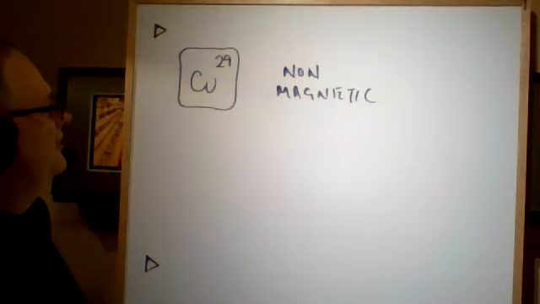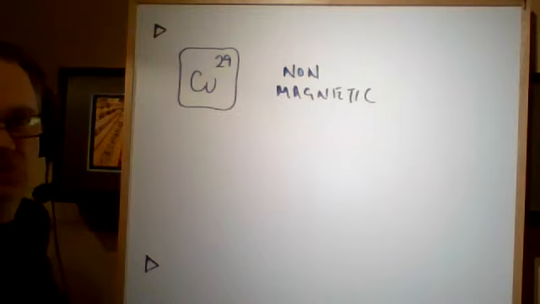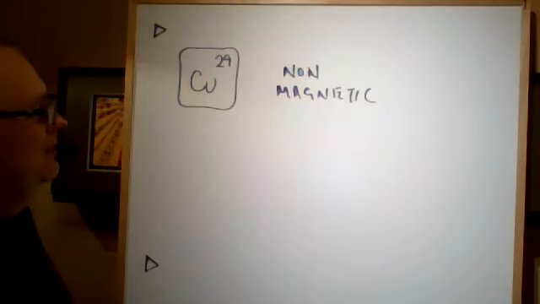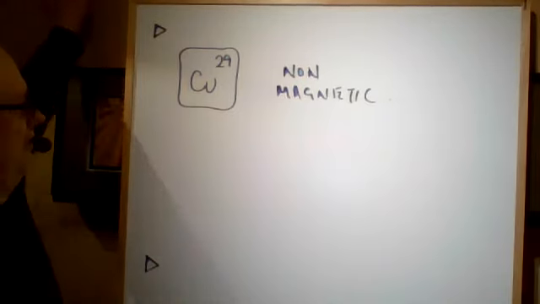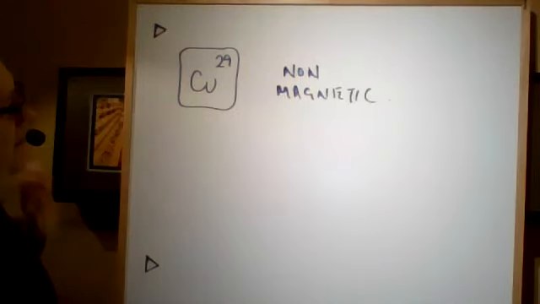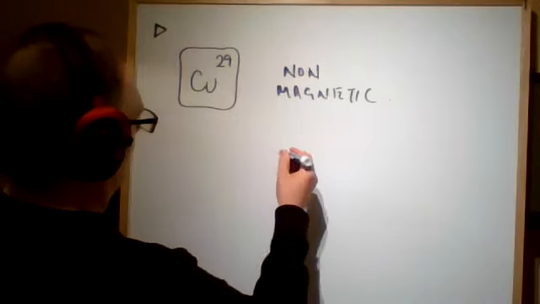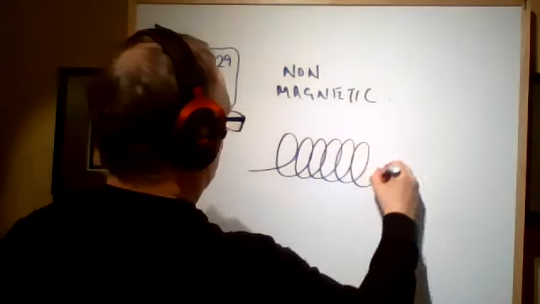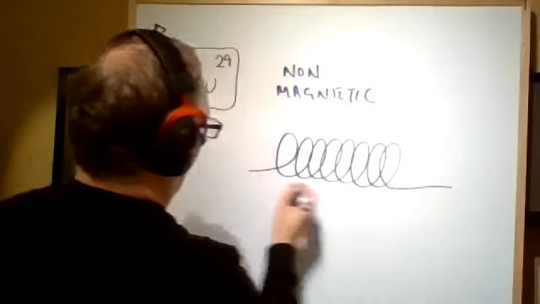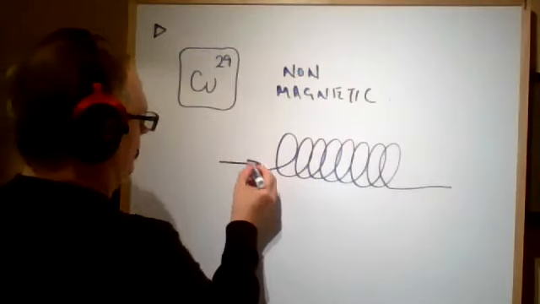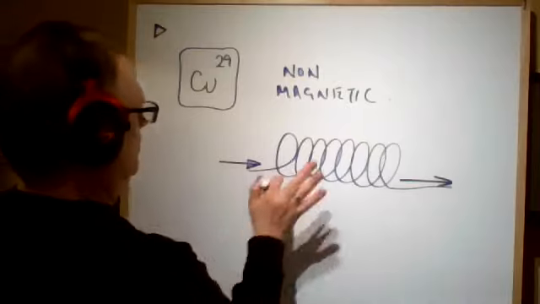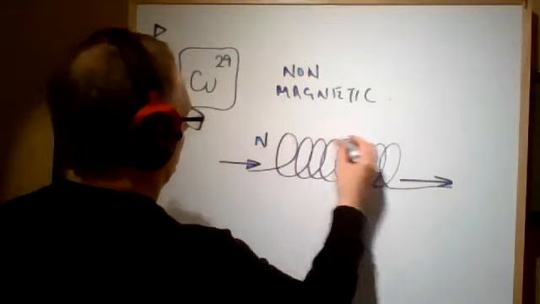The next characteristic of copper that's very important is the fact that it's actually non-magnetic. An interesting factor is that we take copper and wind it into coils like this, and then we pass current through that coil, and basically we make an electromagnet.